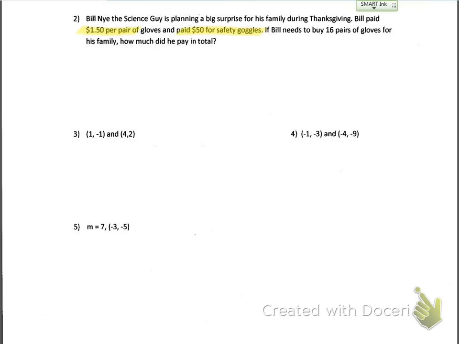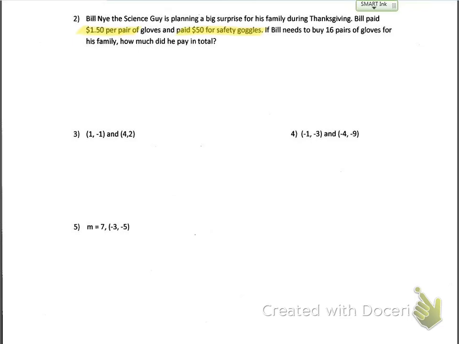All right, so it tells me that he paid $1.50 per pair. Again, do we know how many pairs of gloves he bought? No, and he'll probably need to buy multiple pairs of gloves, he's buying for his whole family. And it says he paid $50 for safety goggles, so we just know that price. And it seems like he just bought safety goggles at one time, and we know the price for all of it.